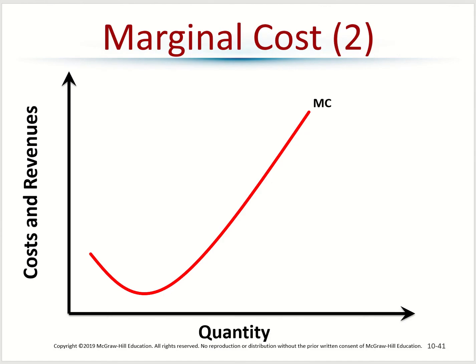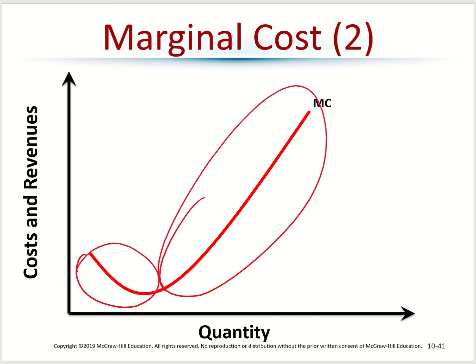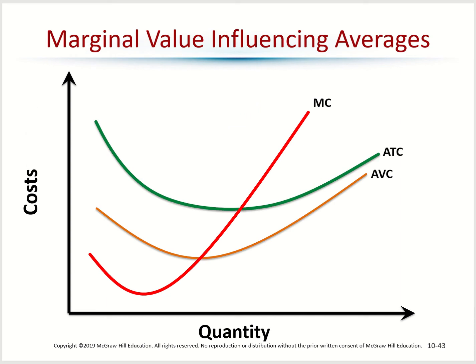If you graph your marginal cost, it's also going down in the beginning. That's your increasing marginal return, and it's going up at the end. That's your diminishing marginal return. If you graph all three lines together, your marginal cost, your average total cost, and your average variable cost, the marginal cost curve will intersect with both the average total cost curve and the average variable cost curve.